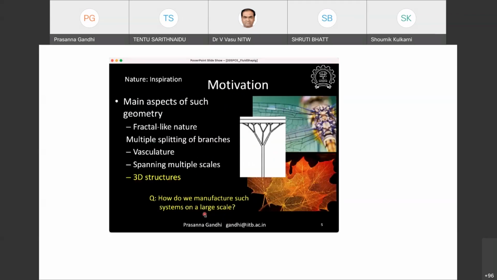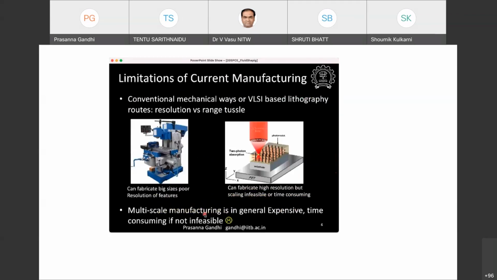If you want to fabricate these structures, normally the ways of fabrication are either mechanical fabrication, or what we have studied, the lithography way of fabrication. So both have some pros and cons. For example, whatever is done in high resolution will have a very small range of dimensions.